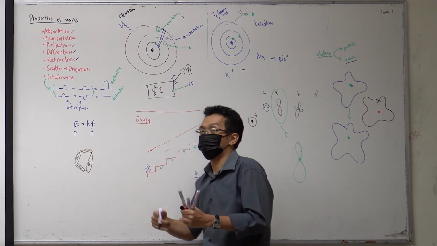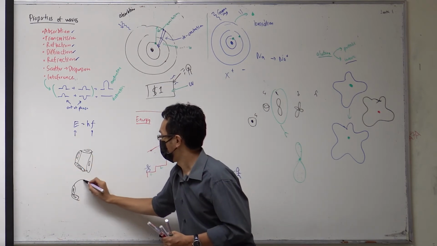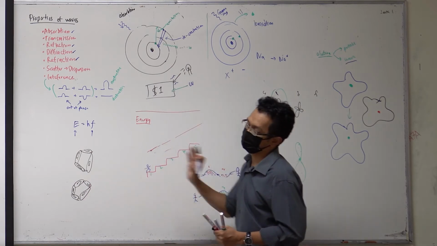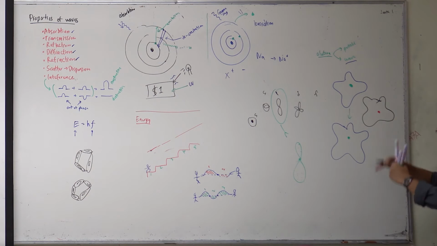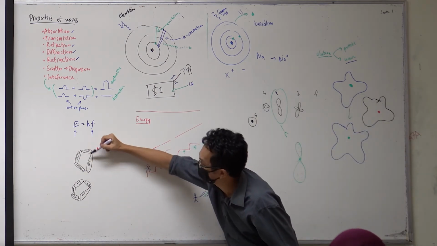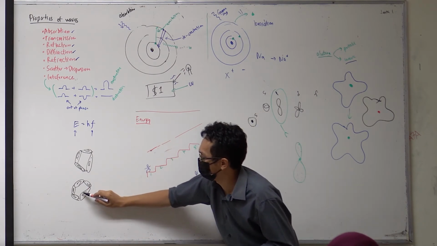In order to make another level, you need to add a full paper clip, right? 1, 2, 3, 4, 5, in order to get a full circle again. Because you only have this paper clip as what we call the building block, you cannot have a half or whatever.